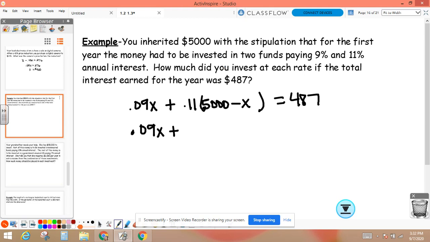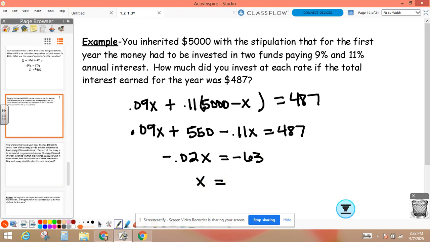That's 550. Combine your like terms. So 487 minus 550 gives us negative 63. Divide by negative 0.02 and that is 3150.